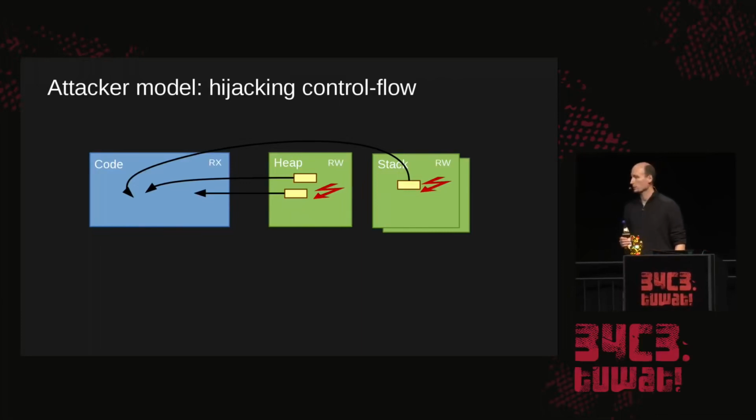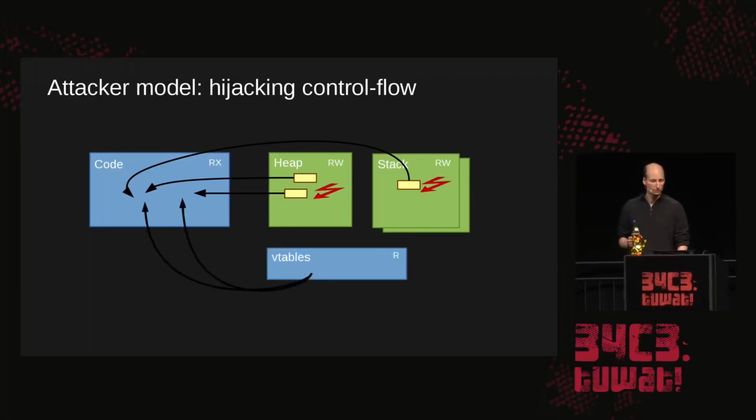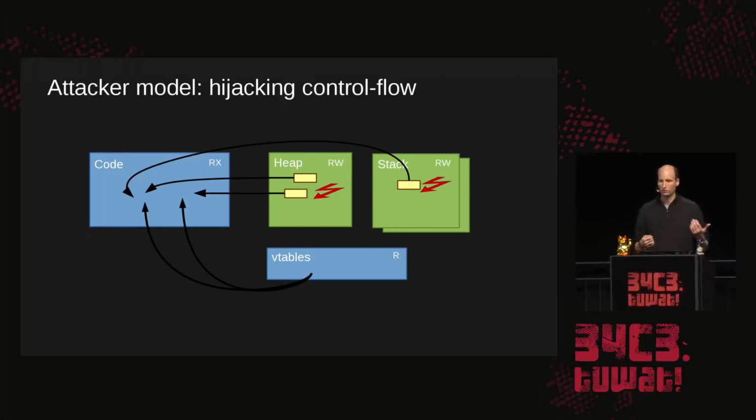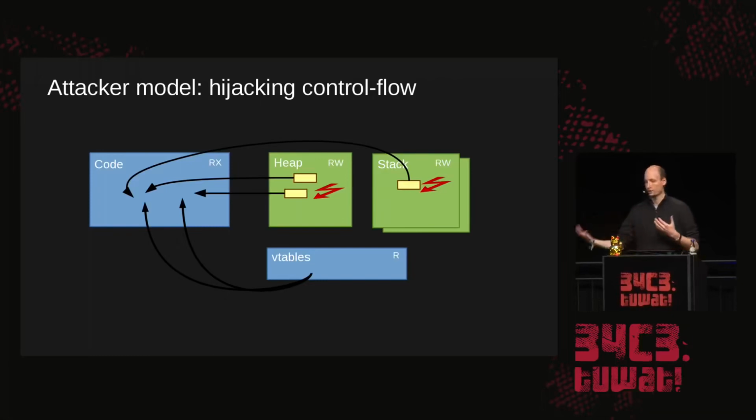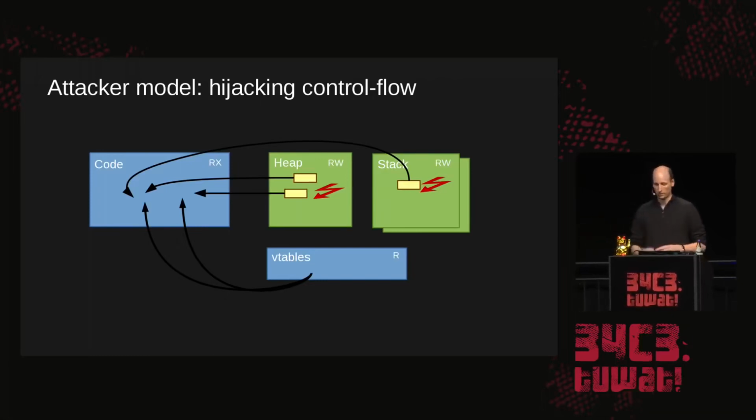This can either be for direct code pointers that point from the heap or the stack into the code region itself, or we can also go through vtables, which is a way for C++ to handle inheritance and virtual functions. If you have a virtual function, you are allowing it to be overwritten depending on the class hierarchy. And if you're dispatching based on a virtual function, you're following a code pointer to a specific class-based implementation.